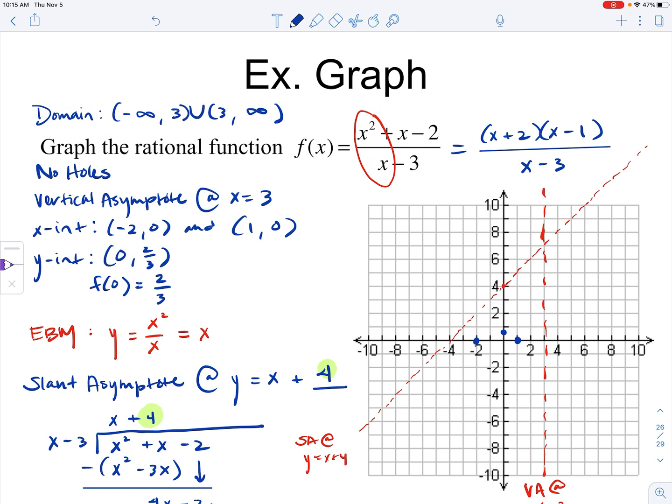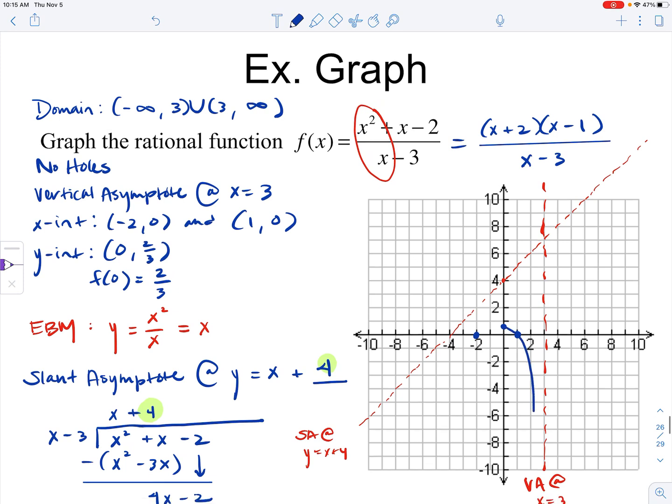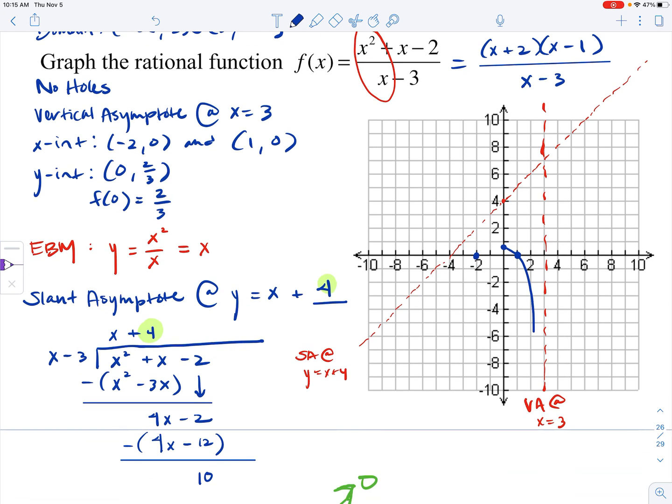Well, you can see there are two sections that are created. Let's think to the left of the vertical asymptote. It looks like as x approaches positive 3 from the right side, the graph is going to end up decreasing without bound. And if you wanted to find some additional points, you could.